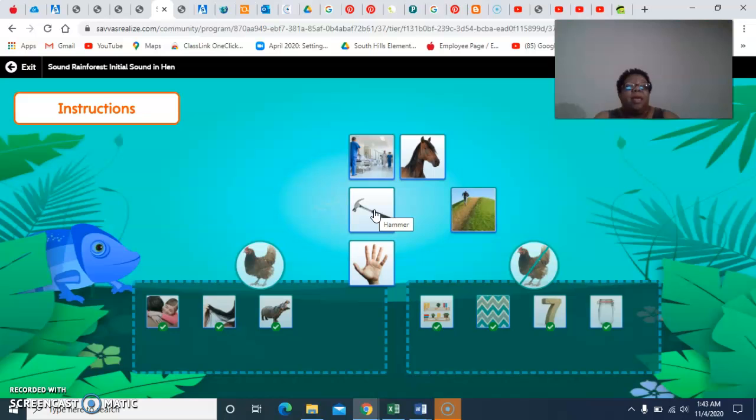Hammer, hammer. Hand, hand. And if you're not sure, you could say hand, hammer.